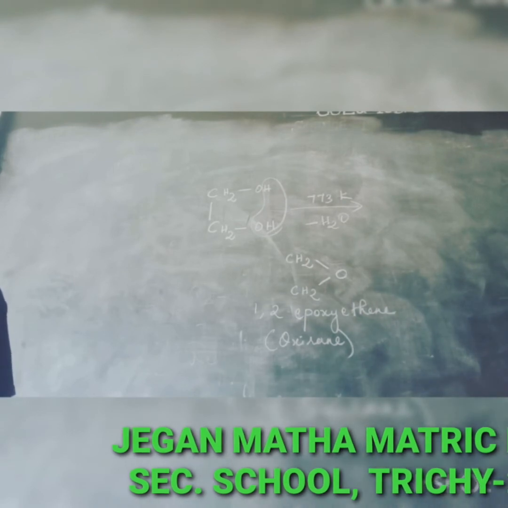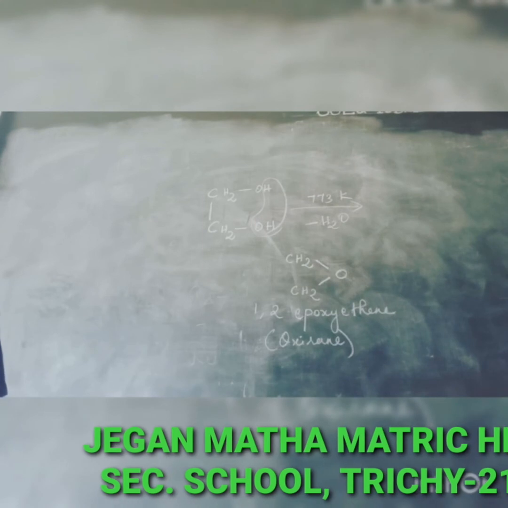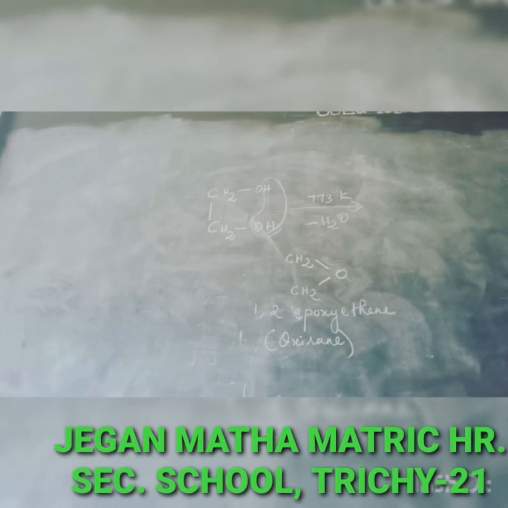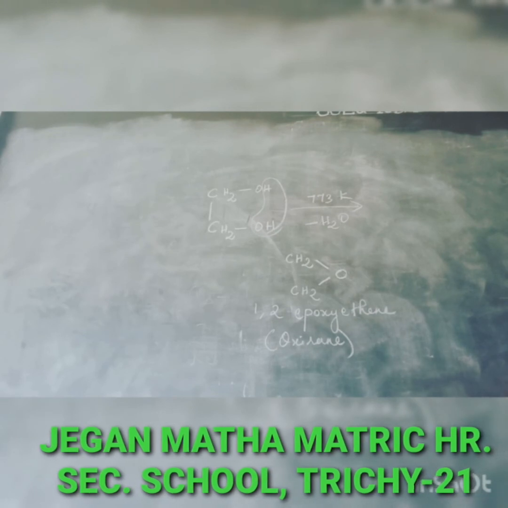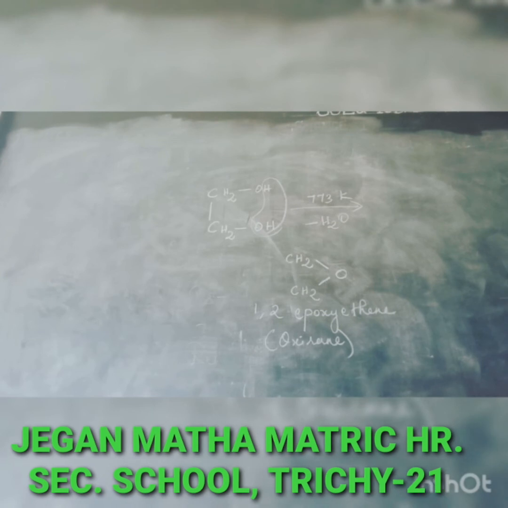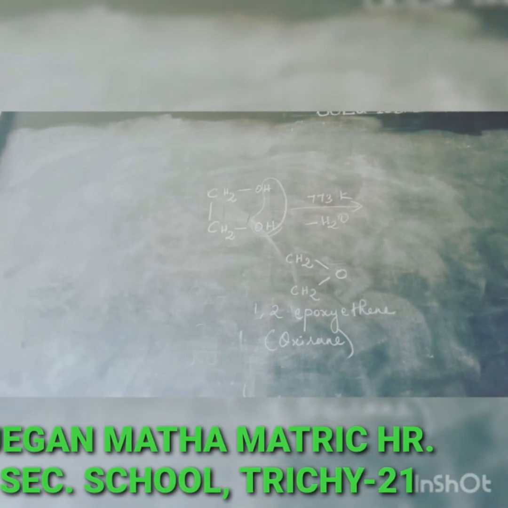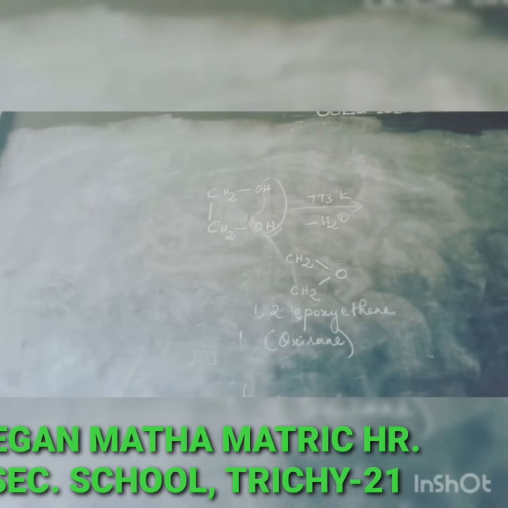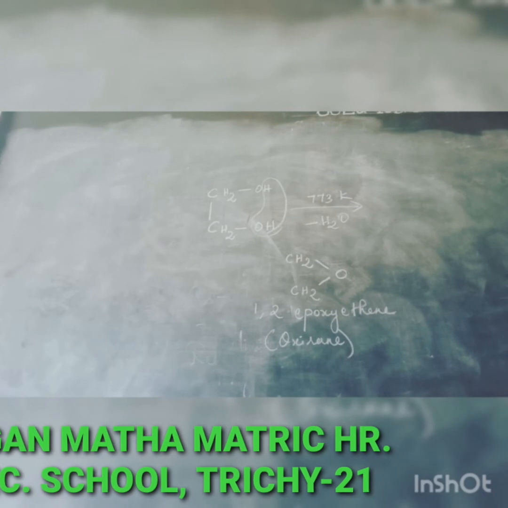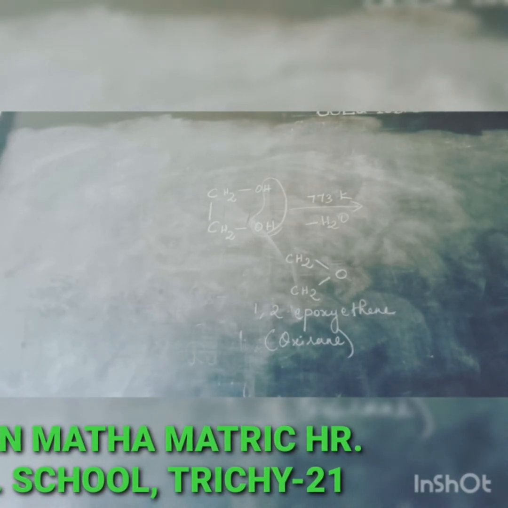So ethenol is formed, that is vinyl alcohol. Next one is tautomerization. Here acetaldehyde is formed, that is CH3CHO. So after removal of water molecules, ethenol, that is vinyl alcohol, forms, and after the tautomerization, acetaldehyde is formed.